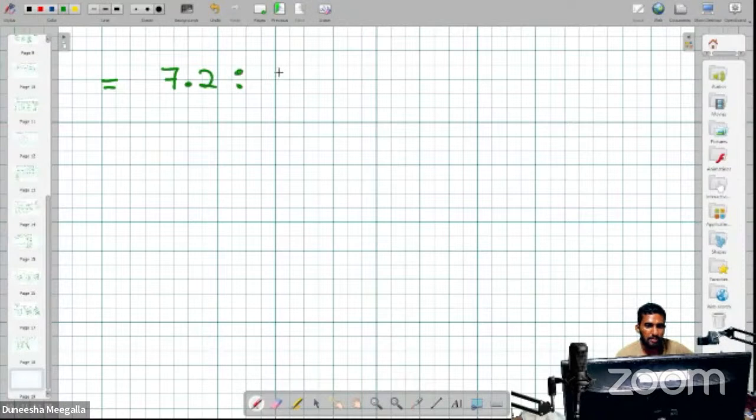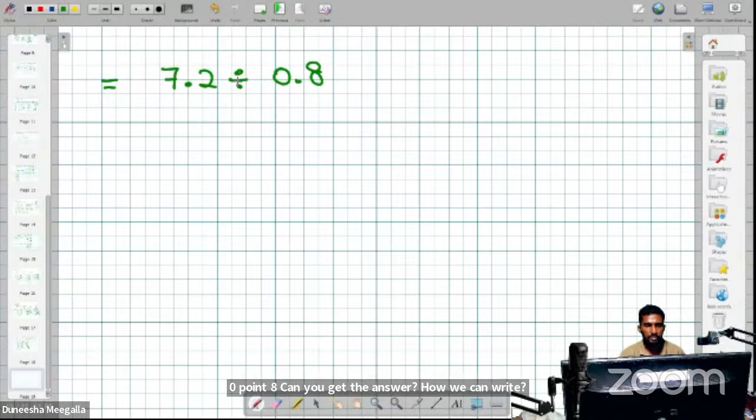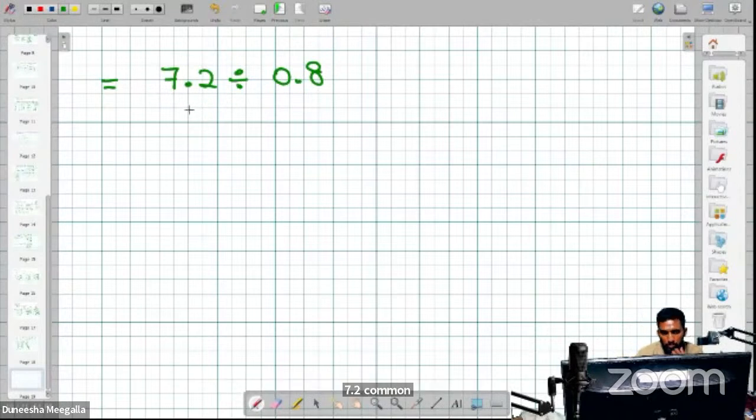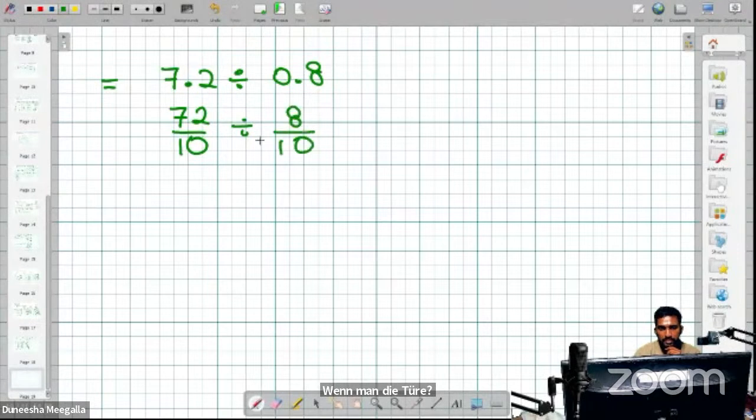7.2 divided by 0.8. Can you get the answer? How can we write 7.2 as a fraction? Naduli, how can we write it? 72 over 10, divided by 0.8. Ludisha, how can we write that as a fraction? 8 over 10. Then we get the reciprocal.